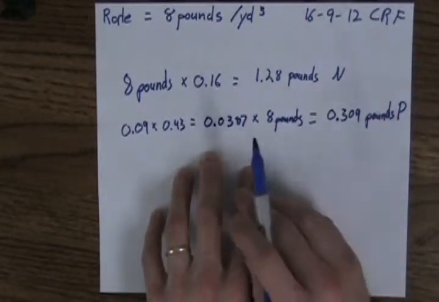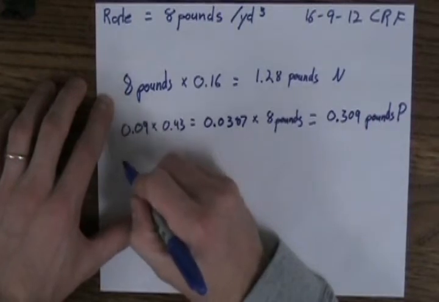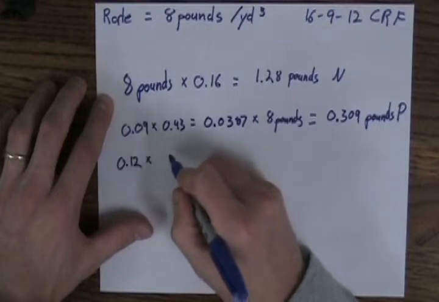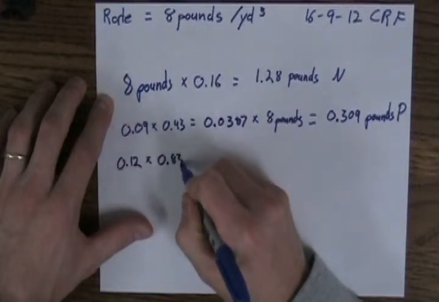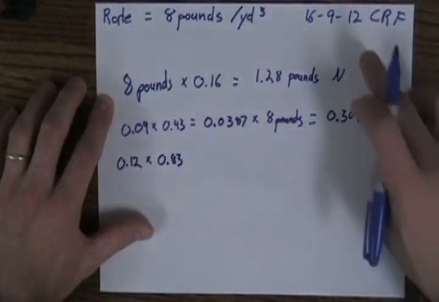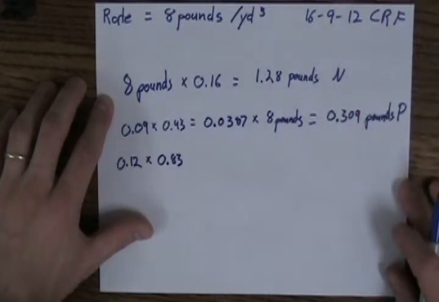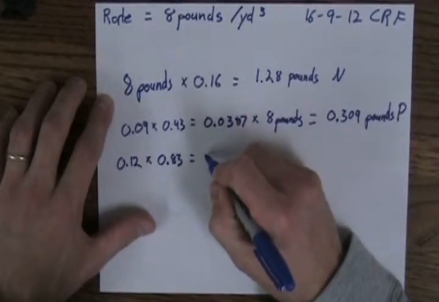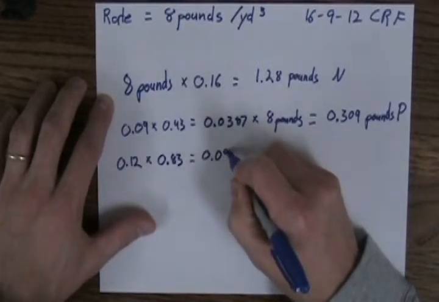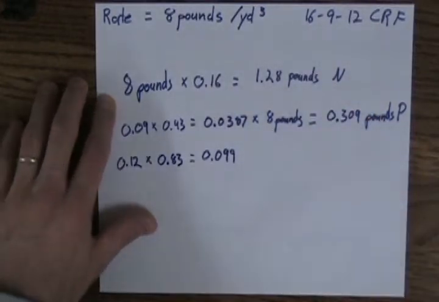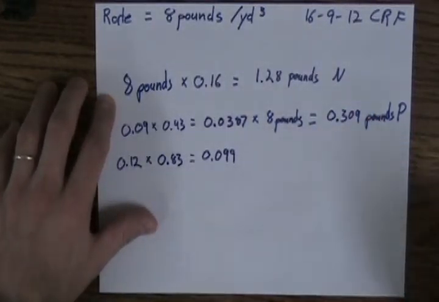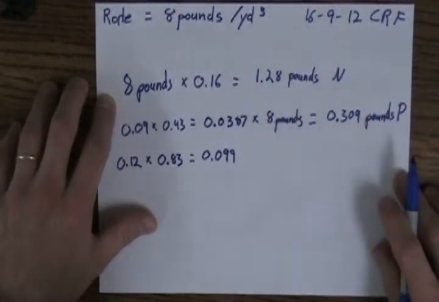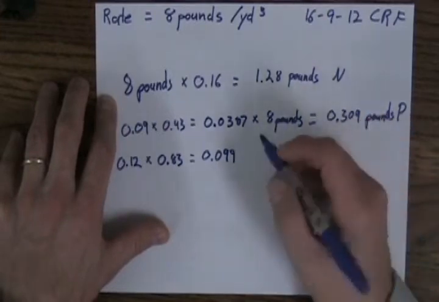Now that 12% is actually potash, so we're going to take the 0.12, which is the potash, multiply that by 0.83, or 83% of that 12% of potash is actually potassium. So that lets us know that there is just under 10%, or 9.9% potassium in this 16-9-12 controlled release fertilizer product.